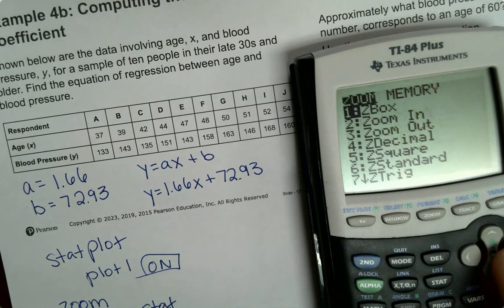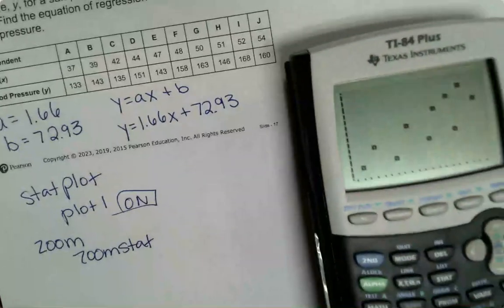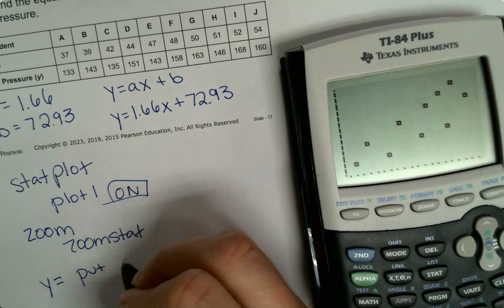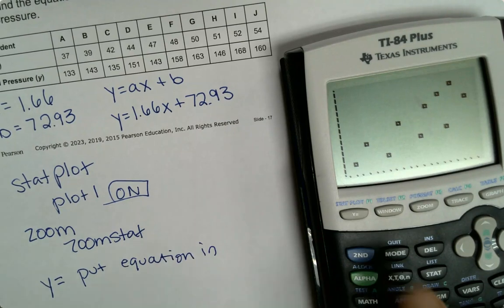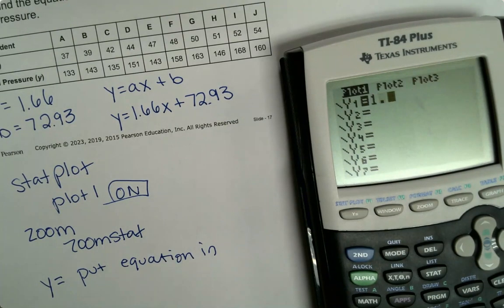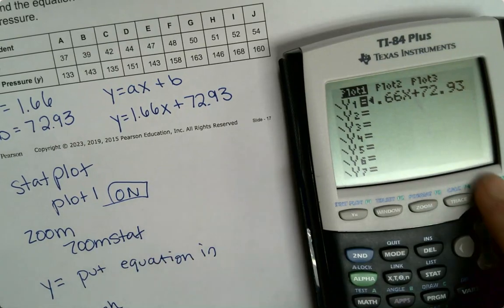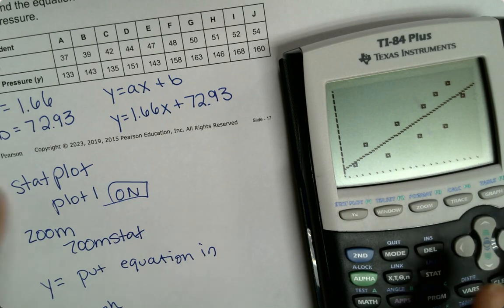So that's what it looks like. And then you can go to y equals and put the equation in. And then hit graph. And you'll see how the line goes over the top. Pretty cool.